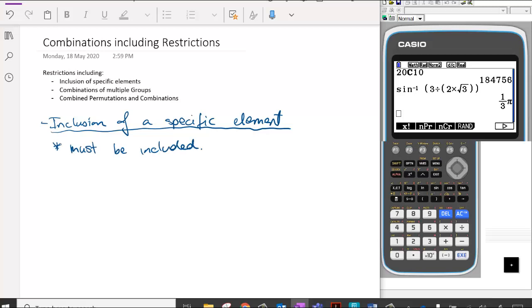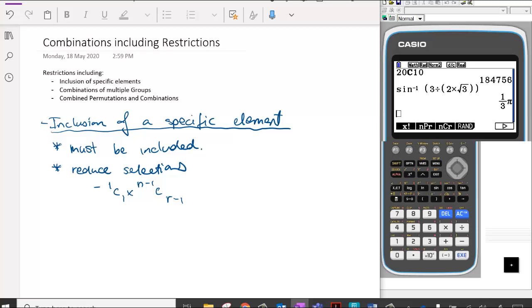Obviously that's going to reduce the total number of selections, and it will create something like 1C1 multiplied by (n-1)C(r-1), in the sense that we're selecting this one value out of a set of 1 itself, and then the total number that we have to make the remaining selections from is reduced by 1, as well as the total number of selections that can be made.